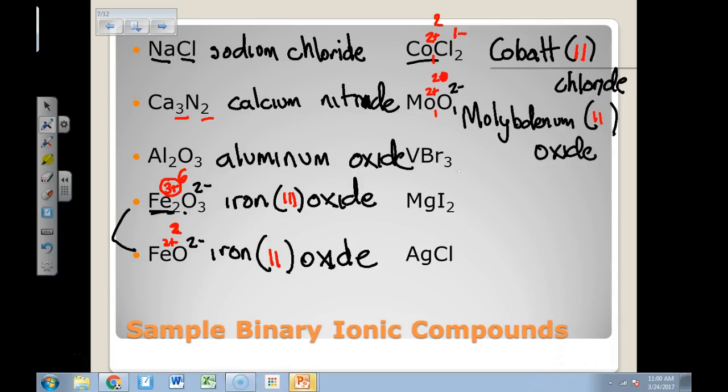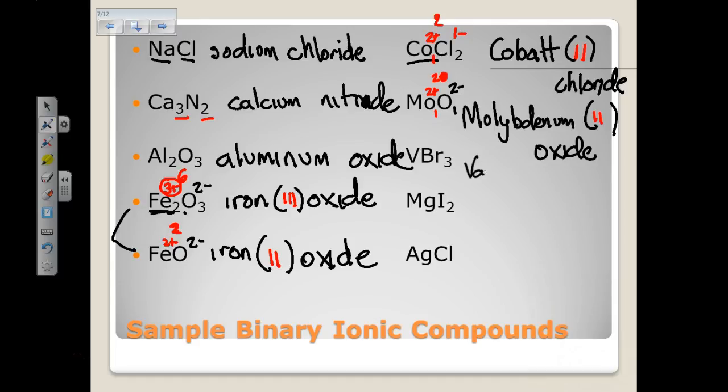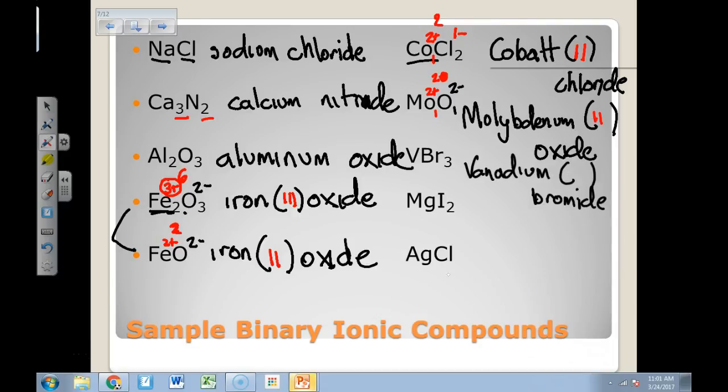This is vanadium. And if you don't know your periodic table elements, we're going to get to know them over the next few times. So this is vanadium something bromide. Okay, so what's the something? Well, again, we go through the same thing that we have been.